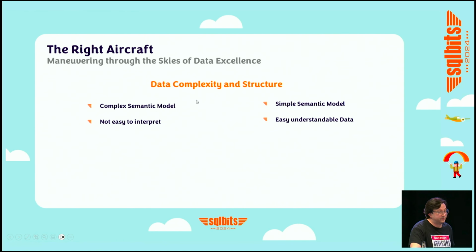Another topic that is very important to take into consideration is the data complexity and the structure of our semantic model. If we are working with a complex semantic model and the data is not so easy to understand, that is one scenario. We are not saying that the model is not well built.